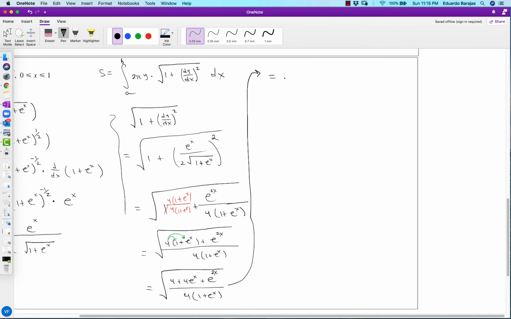So this is going to be equal to e to the 2x plus 4e to the x plus 4 all over 4 times 1 plus e to the x, and then all of that is inside this root.